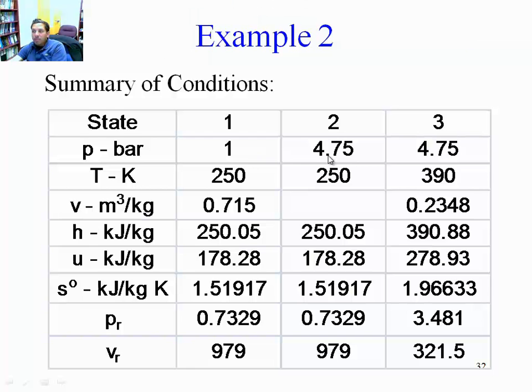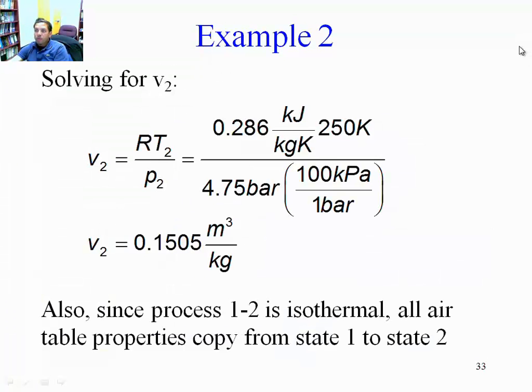Since the pressure of state 2 is 4.75 times larger than the pressure of state 1, the volume of state 2 is 4.75 times smaller than the volume of state 1. So there it is. Volume 2 is 0.1505.